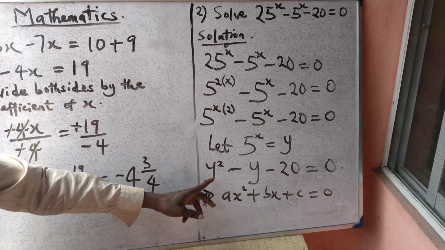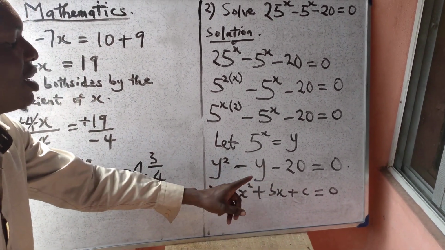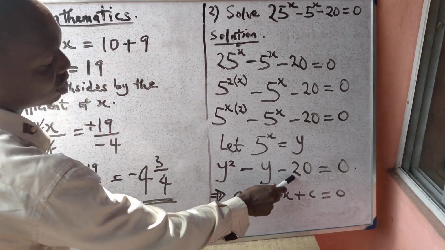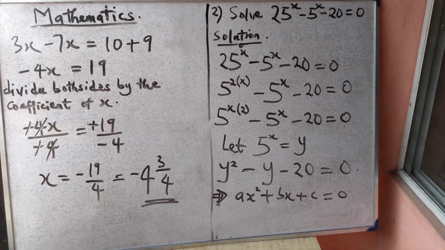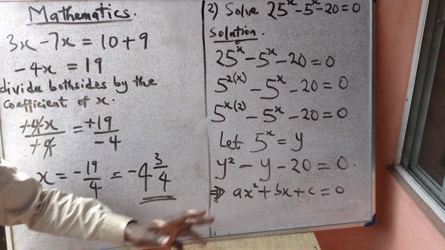So the coefficient of y squared here is 1. And the coefficient of x is b, so the coefficient of y here is minus 1, that's negative 1. And c, the constant, is what? Minus 20 over here.